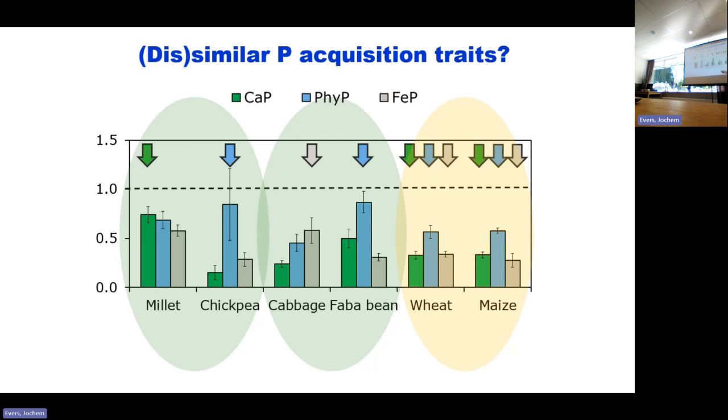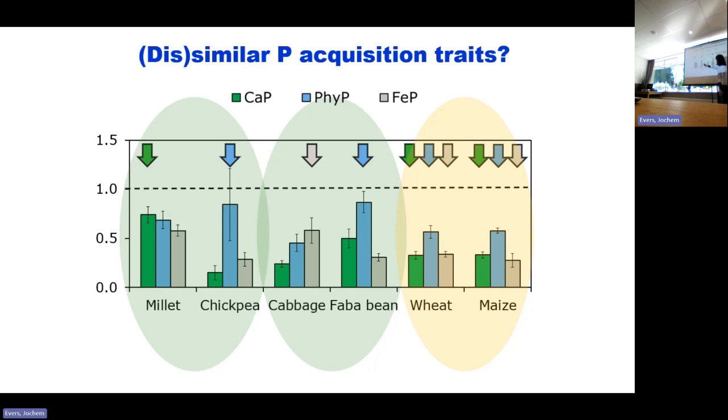So here we found two species, millet and chickpea. Millet can use calcium P effectively, but not the chickpea.